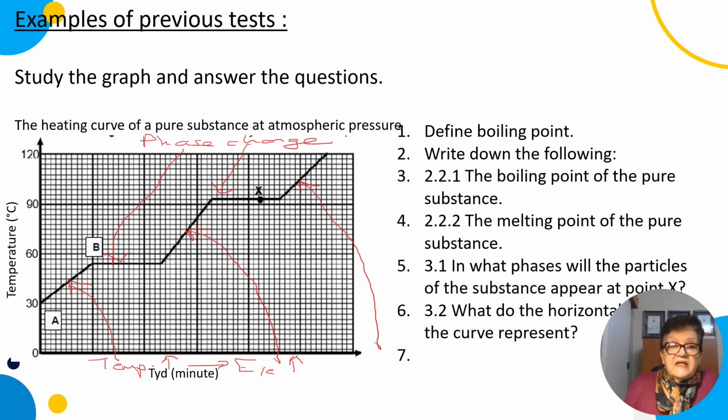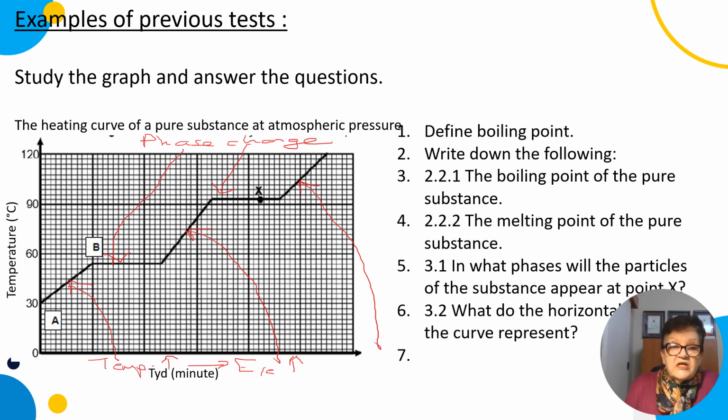But the two places where there's a flat piece of the graph, that is where the temperature remains constant. So your kinetic energy is remaining constant at those two places. And that is where the potential energy is increasing, and the energy is being used to change phase.